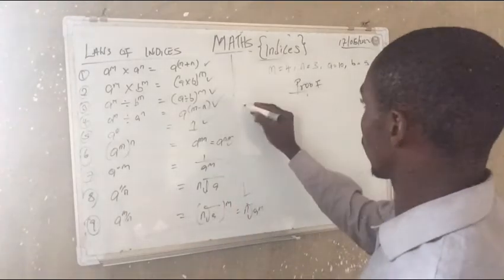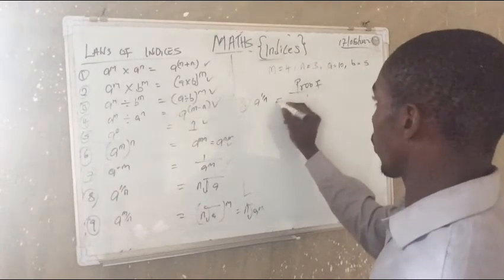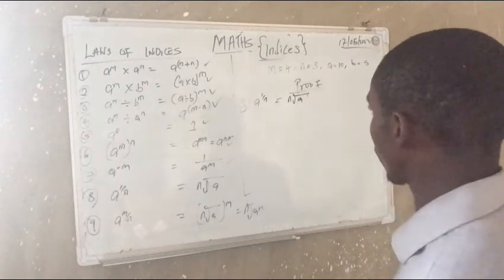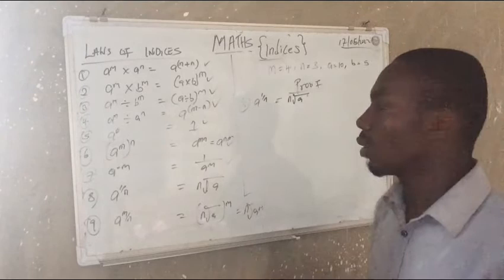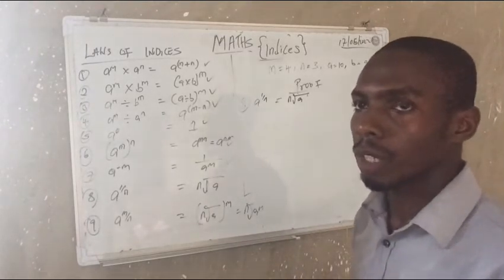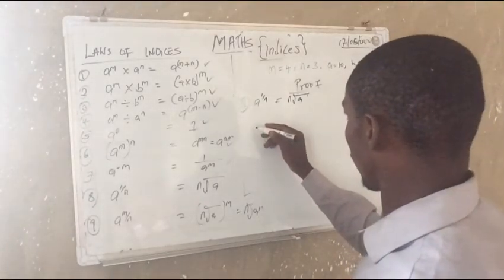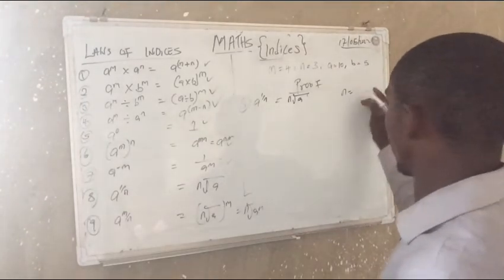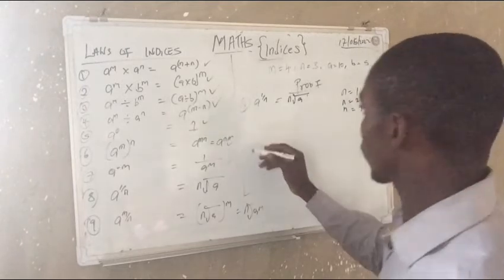The next one, number 8, says a raised to the power 1 over n is equal to the nth root of a. Alright. I would like to prove this one, okay, let me just go straight forward. We're going to prove using n equal to 1, n equal to 2, n equal to 3.